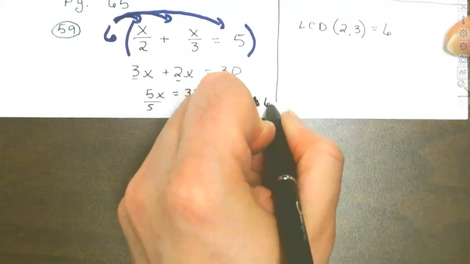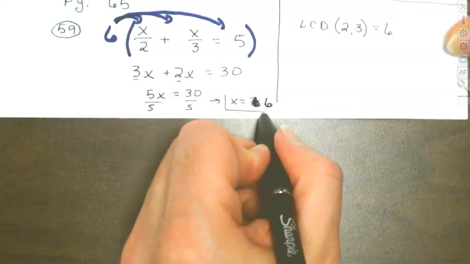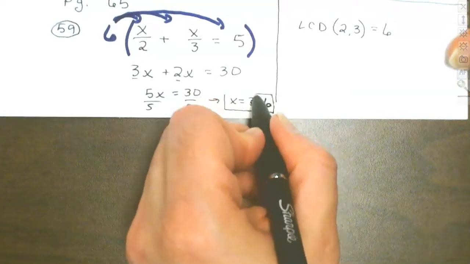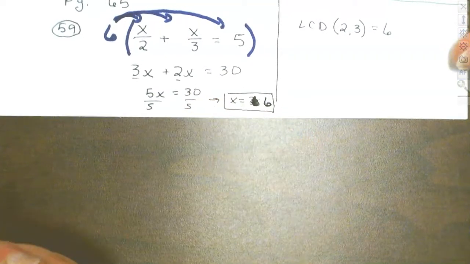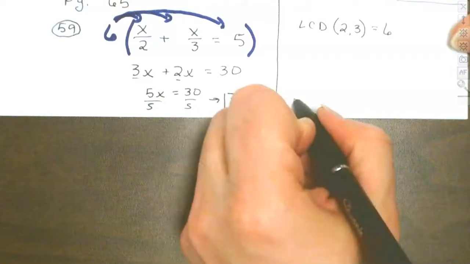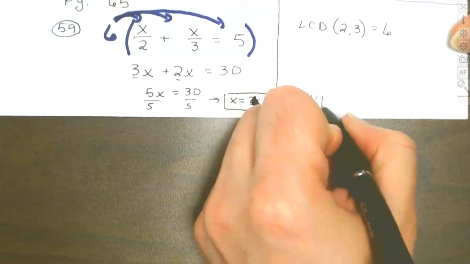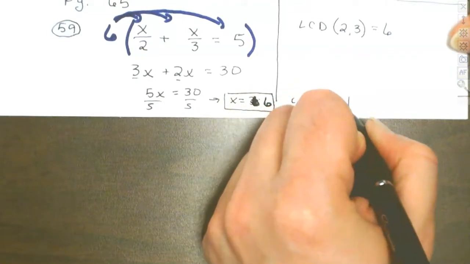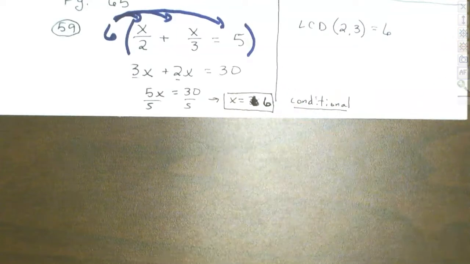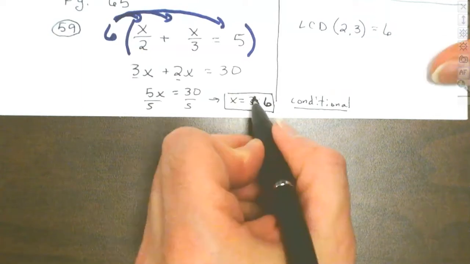So that's going to be our answer, x equaling 6 here. What type of equation is this? Well, we got an answer, so this would be conditional. So we cleared out our fractions, we divided and we got our final result there. This was conditional.